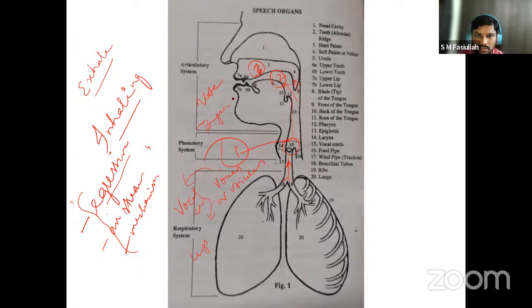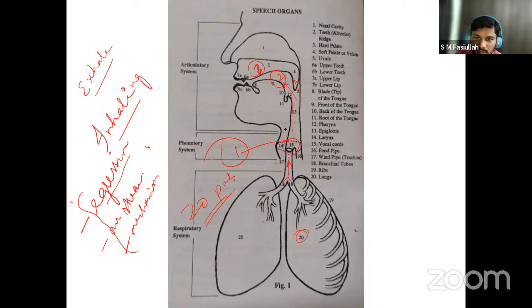So these are some major things involved in production of sound. When we say nose, we have nose and nasal cavity. If we say mouth or tongue, it is also the mouth, basically. So these are the major organs involved in production of sound. If you look at different parts, there are as many as 20 parts involved in production of human sound, starting from the nose and nasal cavity up to the lungs.